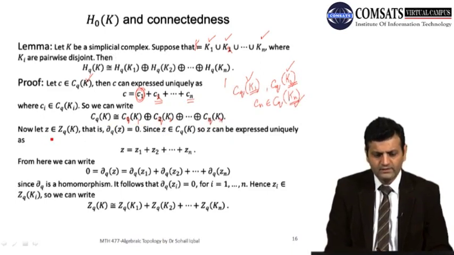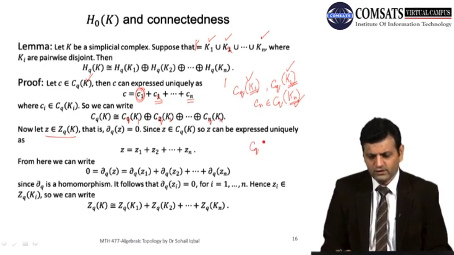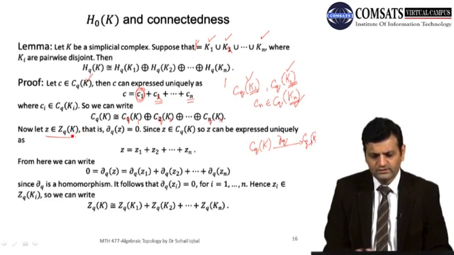Now, if I have an element which is an element of CQ, which is also an element of ZQ of K, so what are the elements of ZQ of K? The elements which go to 0 under this boundary operator partial Q. Since every element of CQK can be decomposed, we can write down Z as well.